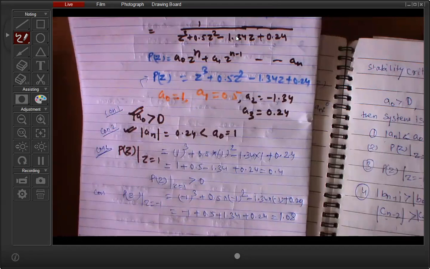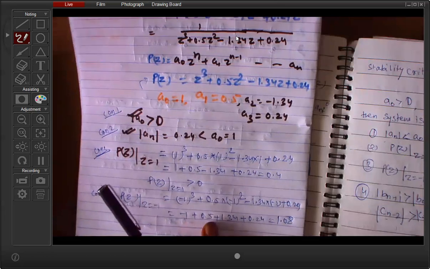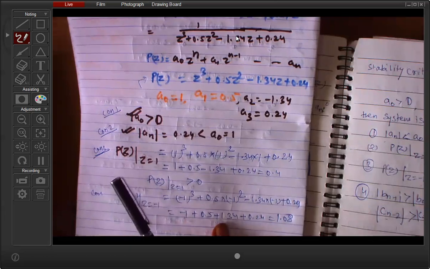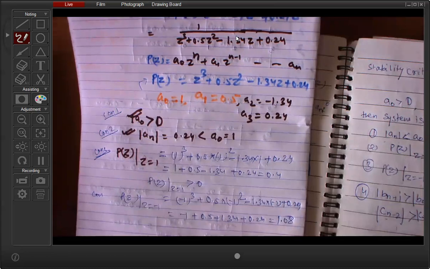So the value comes to 1.08, which is not less than 0.